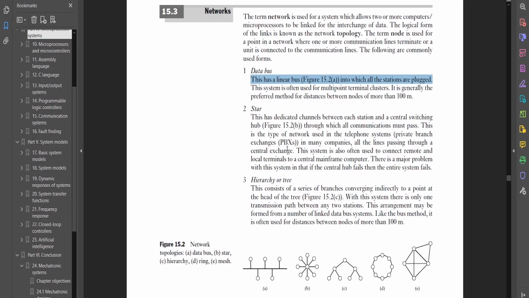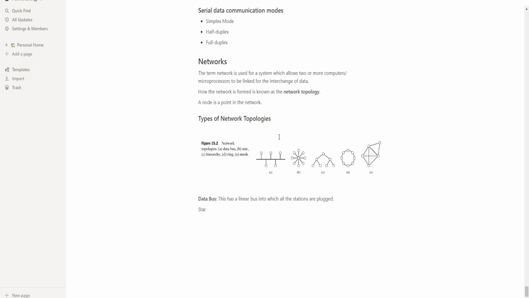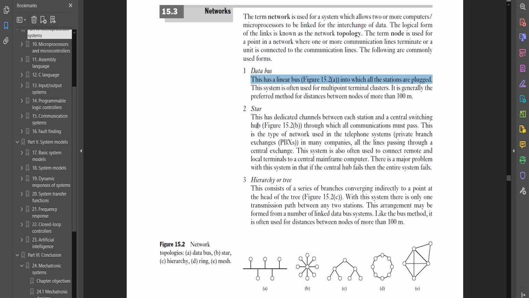Okay, and then we've got star. This has dedicated channels between each station. Dedicated channels between each station, and a central switching hub through which all communication must pass.